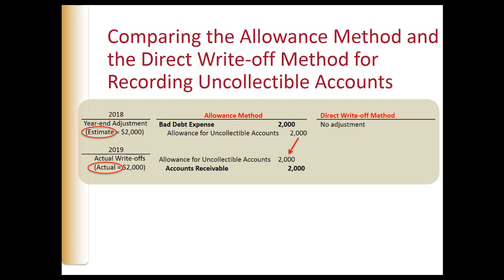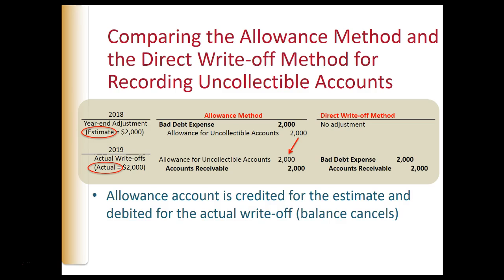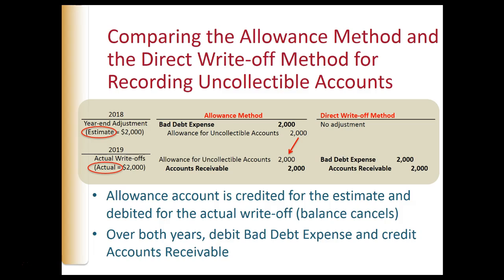The direct write-off method violates GAAP since sales are recorded in one period, 2018, and the related bad debt expense is recorded in the following period, 2019. Notice that either way, the ultimate effect is a $2,000 debit to bad debt expense and a $2,000 credit to accounts receivable.